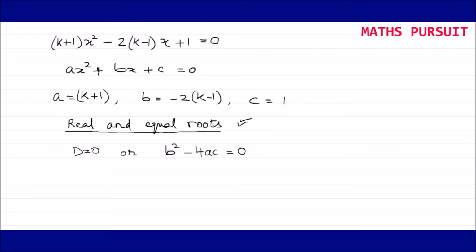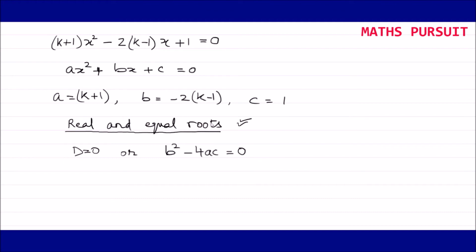You can refer to my other videos if you do not understand why b^2 - 4ac is equal to 0, or what happens exactly when it is less than 0, or when it is greater than 0. So let us keep in mind, when we know that there are real and equal roots, then definitely the discriminant is equal to 0, or b^2 - 4ac = 0.